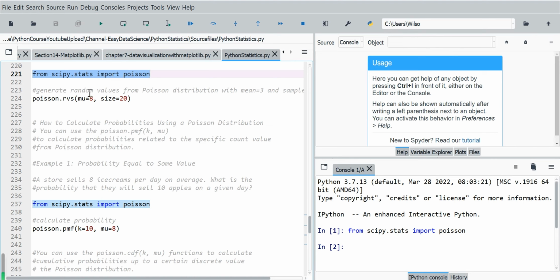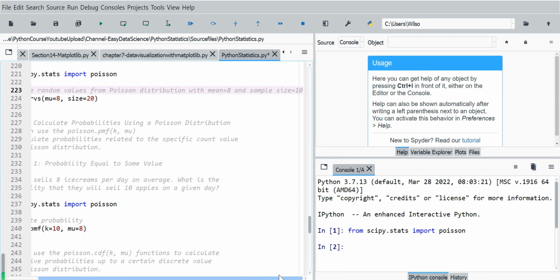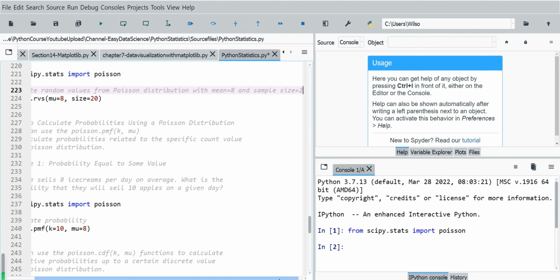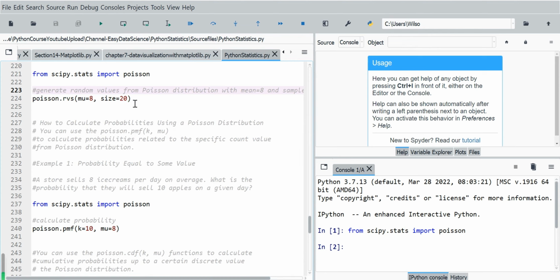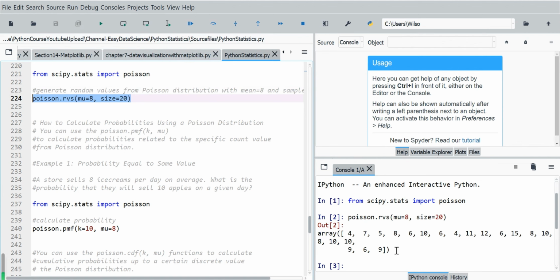Next we generate random numbers from a Poisson distribution with mean 8, and we sample 20 random numbers. The 20 random numbers are returned as an array, and you can see 4, 7, 5, 8, all discrete numbers around the mean 8.